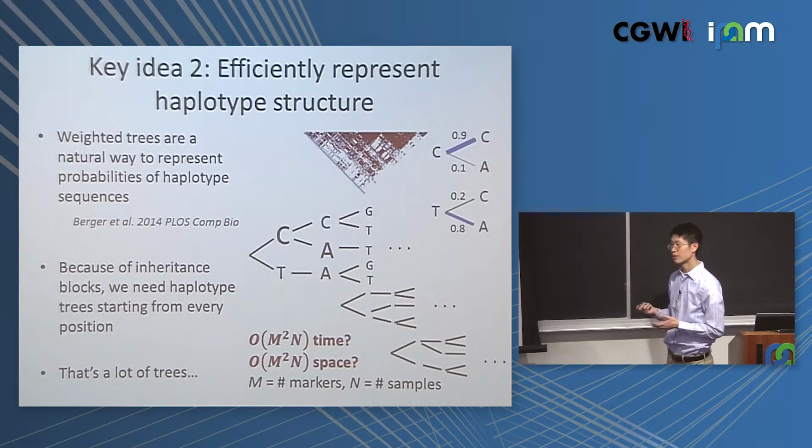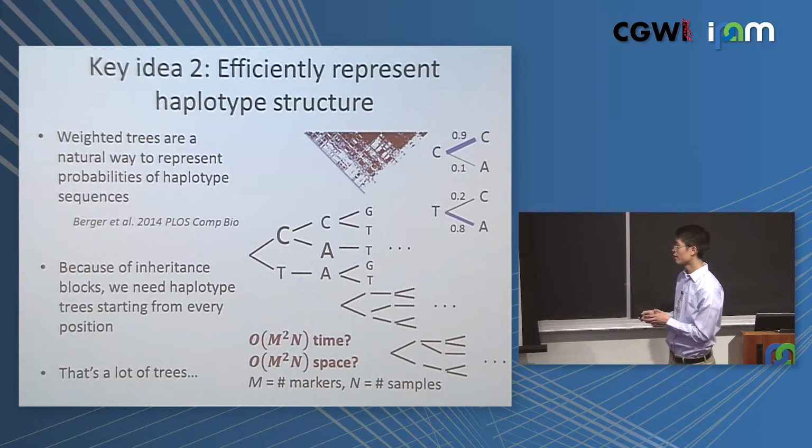And so that's where the second key idea behind Eagle comes in. The second key idea is an efficient way to represent haplotype structure. So we know that we want to represent the haplotype structure using these weighted trees, but at least naively, it's difficult to build them. Each of these trees is supposed to start from a position in the genome and extend all the way to the end of whatever section you're trying to phase.